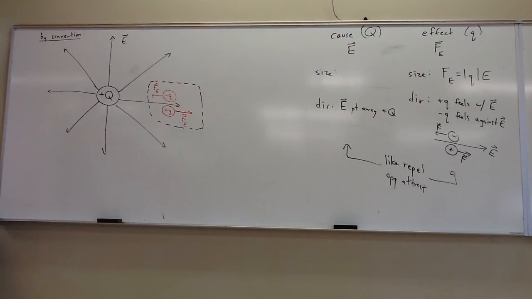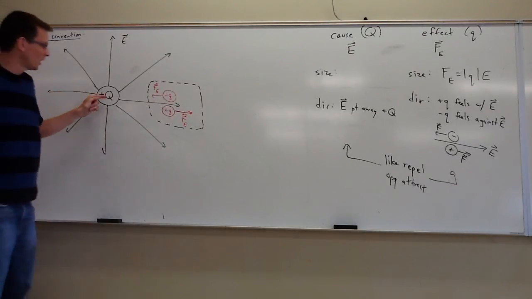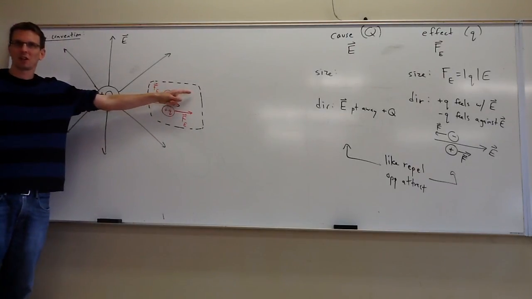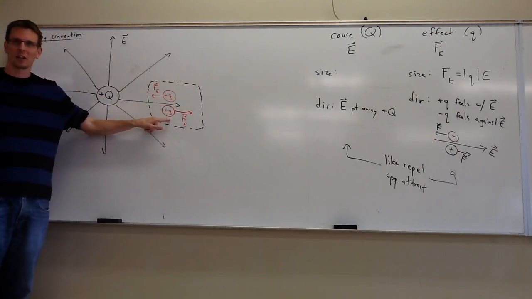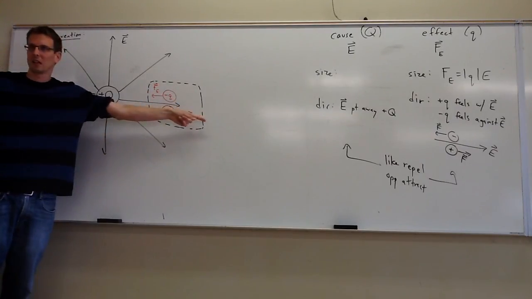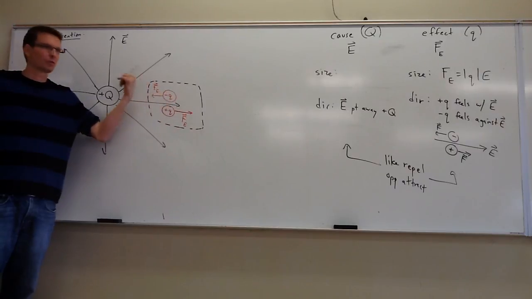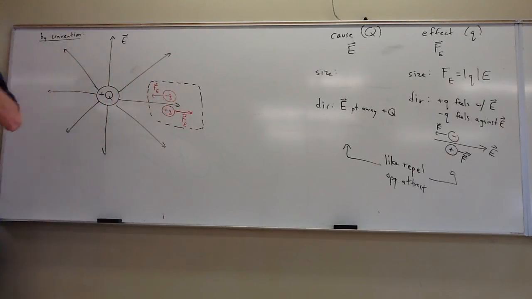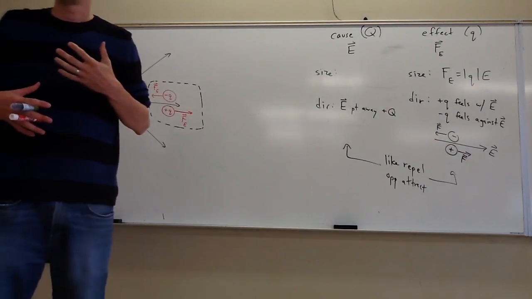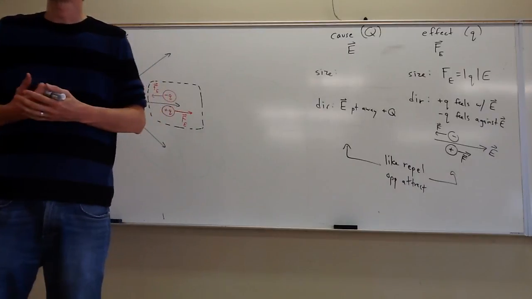And then, of course, if the electric field lines are chosen to point away from plus charges, well, other plus charges want to get away, so they feel a force along that field line. Negative charges want to go towards it, so they feel a force against, right? So this is all still coming up with the same exact results that we know, right?